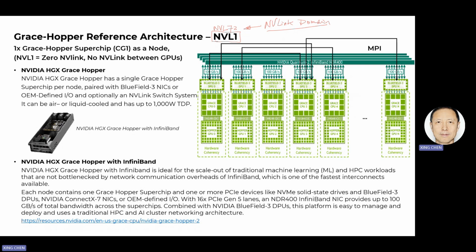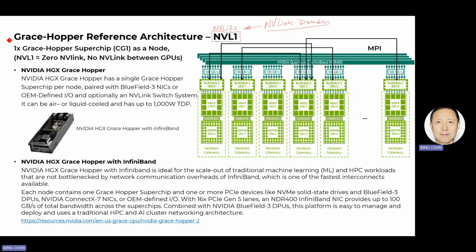So that's the definition of NVL72. The same thing is for NVL1. NVL1 is very simple. You have an NVLink domain, but in this domain, you have only one GPU.